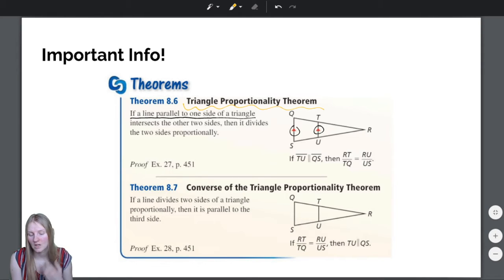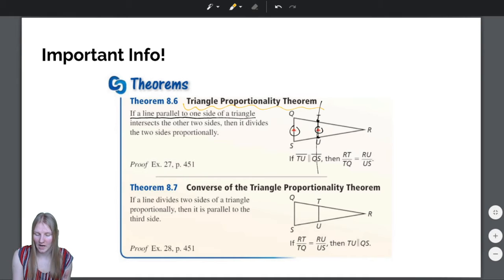TU is parallel to QS, and QS is one of the sides of the triangle. So if we have TU, and TU is parallel to the other side of the triangle, if it intersects the other two sides, which it does, right, at point T and point U, it intersects the other sides of the triangle.